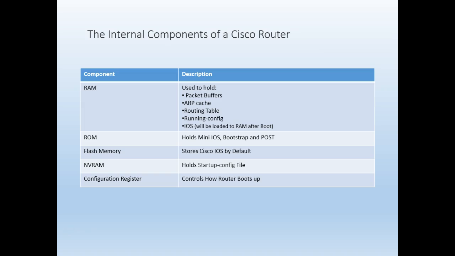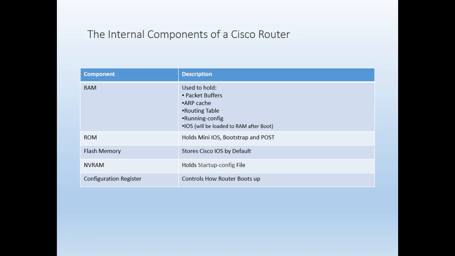Volatile means, you probably already know all of this, that if we turn the device off, everything that's stored in RAM goes away. ROM is a persistent, non-volatile memory, so it holds the information.